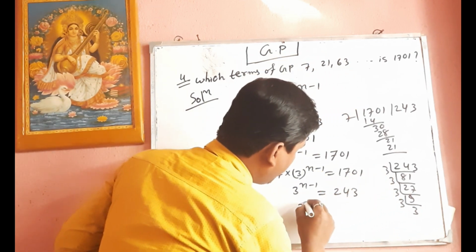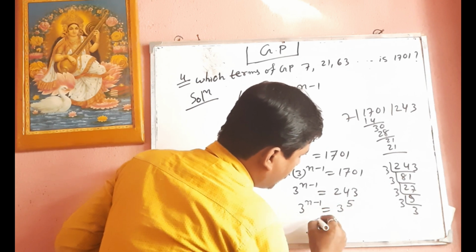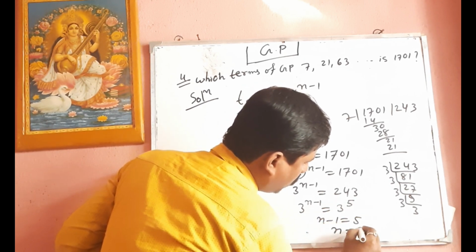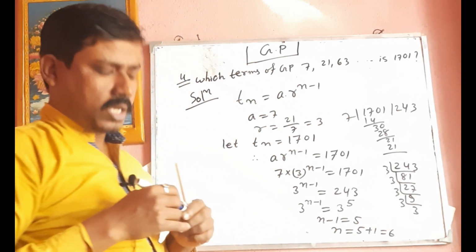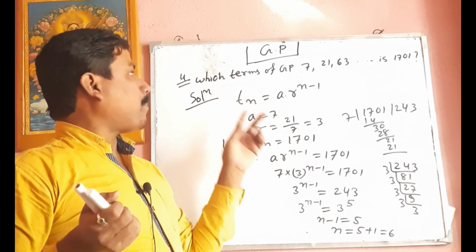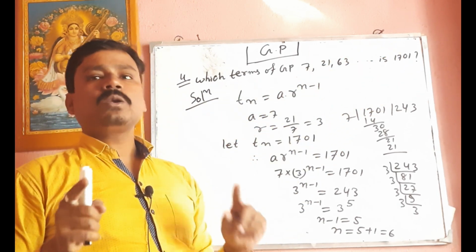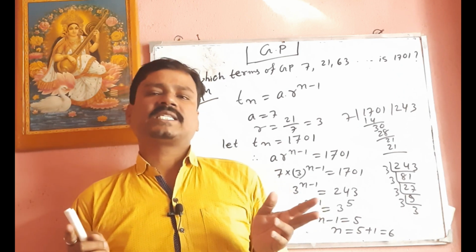That is 3 to the power n minus 1 is equal to 3 to the power 5. That is n minus 1 is equal to 5, that is n is equal to 5 plus 1, that is 6. So the 6th term of the given GP is equal to 1701. So this is the completion of today's sections.